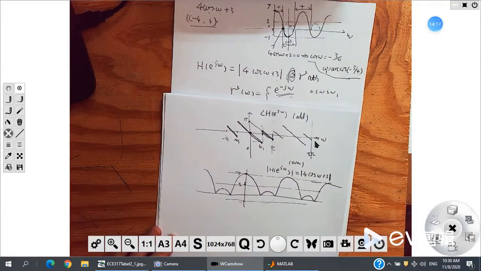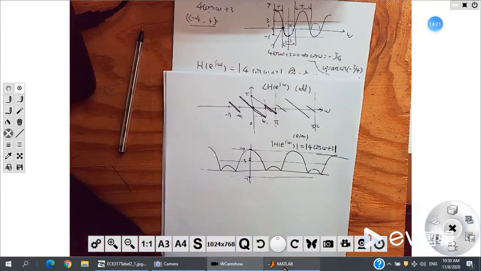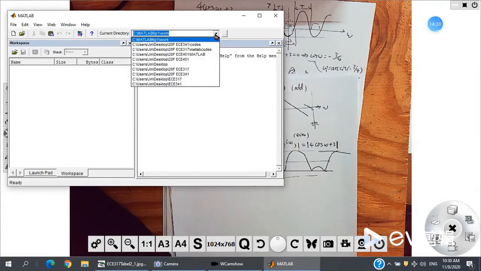We can have a look in my lab. I'm writing a function. Okay. Not 341, it's 17.